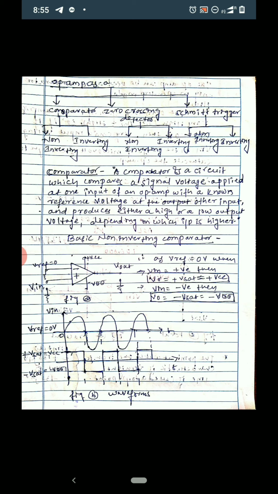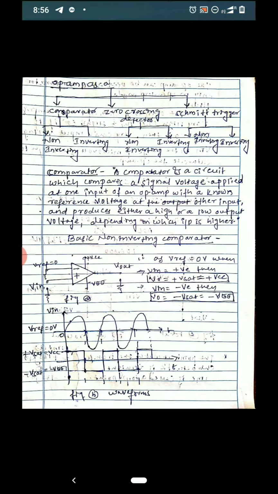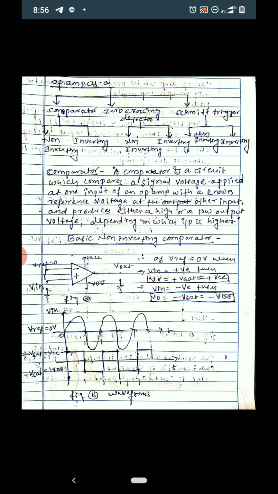What we studied earlier was op-amp in open loop mode, that means without any feedback. The op-amp's output is not connected to the input. In this case, the open loop gain of the op-amp, A_OL, is very high.